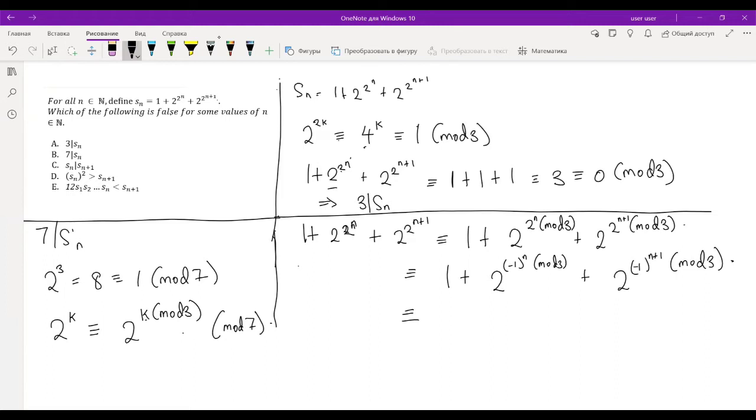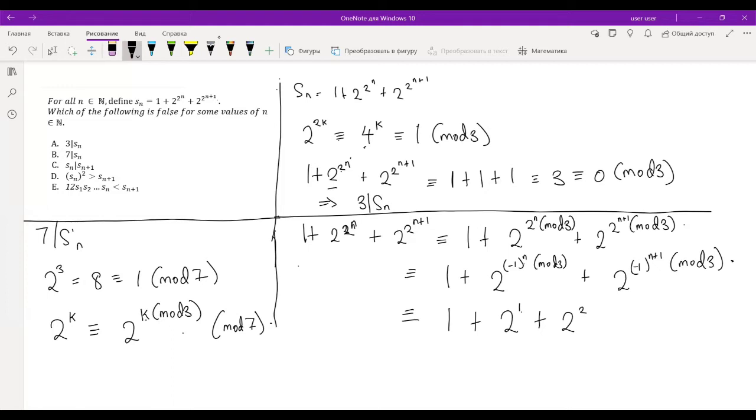So regardless of n being odd or even, one of them the power will be 1 and the other one the power will be 2. It's not necessarily true that the second one the power will be 1. It's only true when n is odd. But because we did the two cases, they just swap.